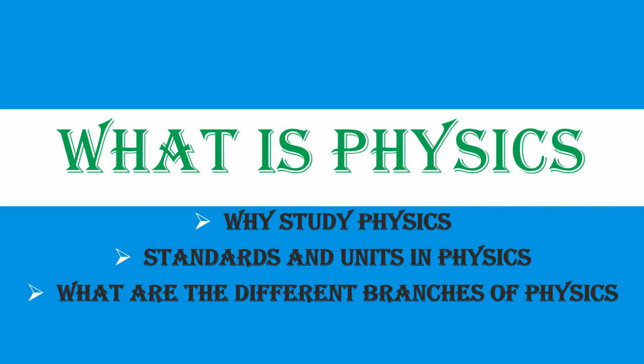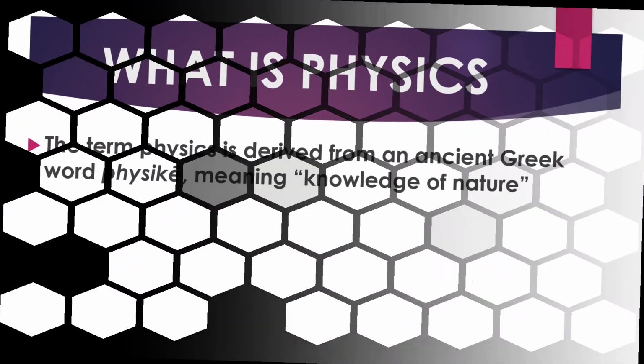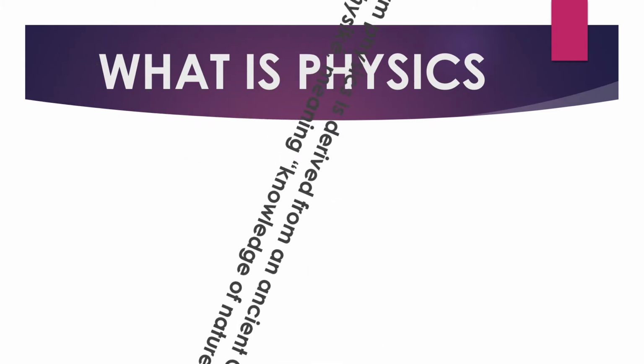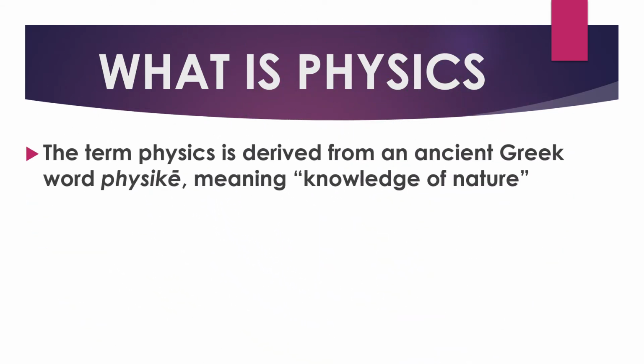So number one, what is physics? There is no way I can define physics without telling you about the root word or how it is derived. So, physics is derived from the Greek word which we call physis, and the meaning of that word is the knowledge of nature.